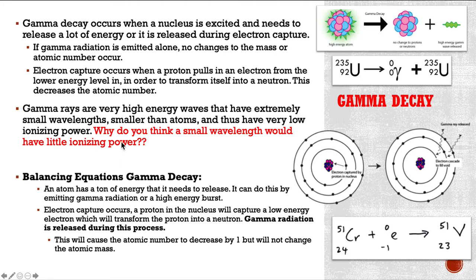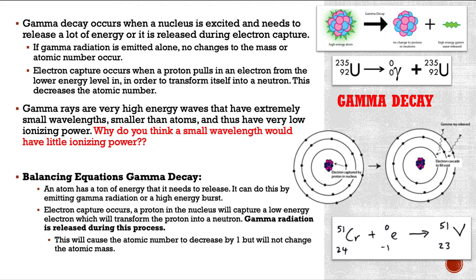A gamma ray is a very high energy wave, and they have extremely small wavelengths, smaller than the nuclei of atoms. They have pretty low ionizing power. It depends on the gamma rays we're talking about, but they have really tiny wavelengths, less than 10 picometers.